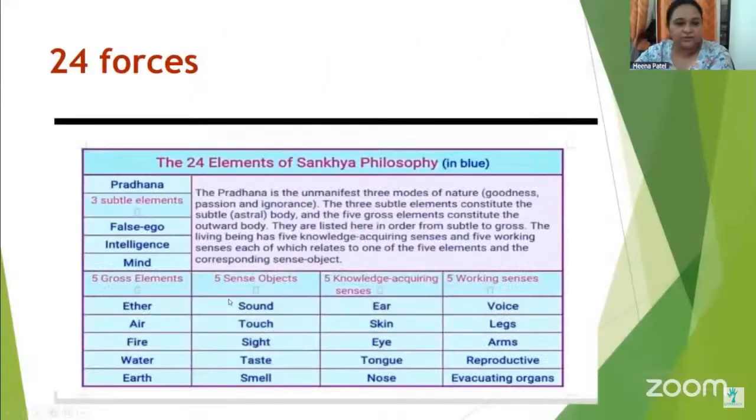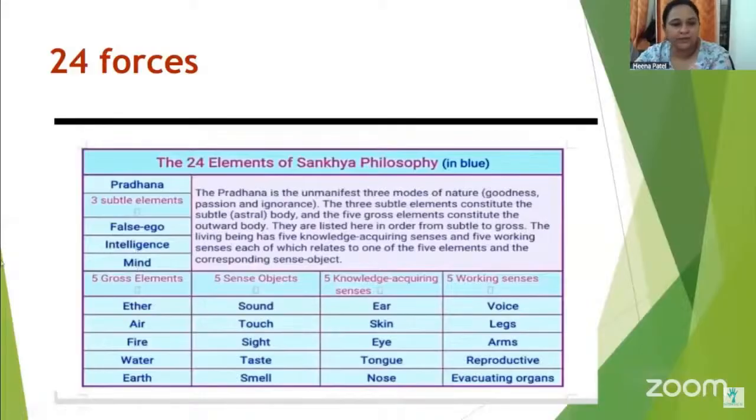So, first we sense everything from the environment by smell, by taste, by sight, by touch, by sound. This is our physical organ. If it is present, then only we can sense. Then we will make a copy in our mind. Then we will decide what response we need to give.